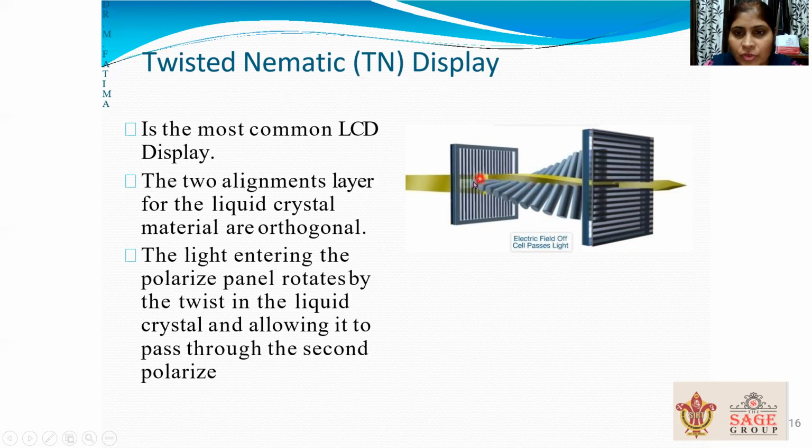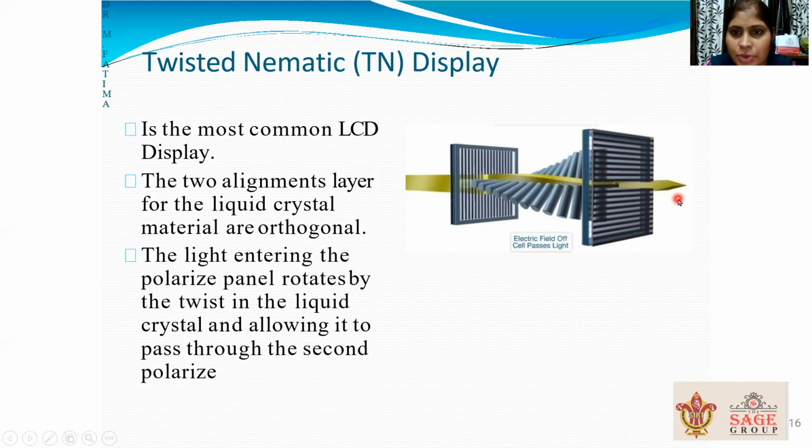When potential is not provided, the molecules are aligned same as the second polarizer, and when light crosses this liquid crystal, it passes through the second polarizer.